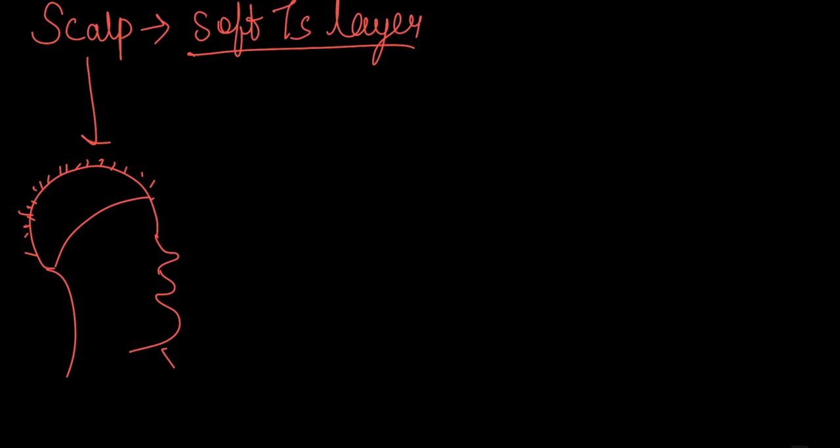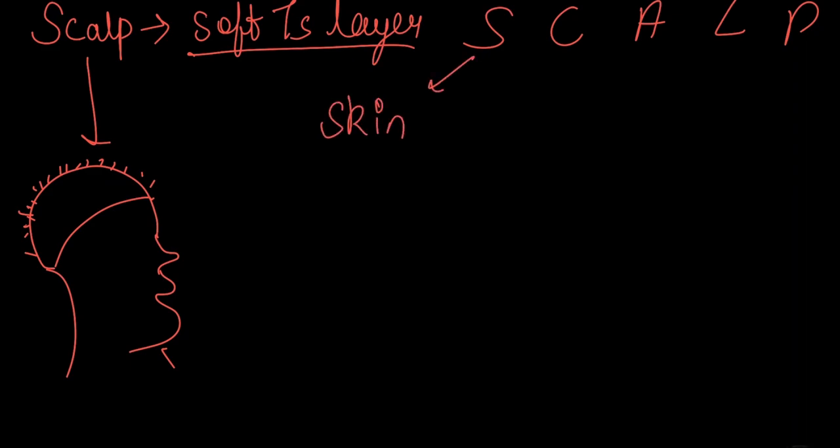Now moving forward, we have 5 layers of the scalp. Yes, the 5 layers are S, C, A, L, P. Now let's give them their names and each layer's significance. S stands for skin. C stands for connective tissue.